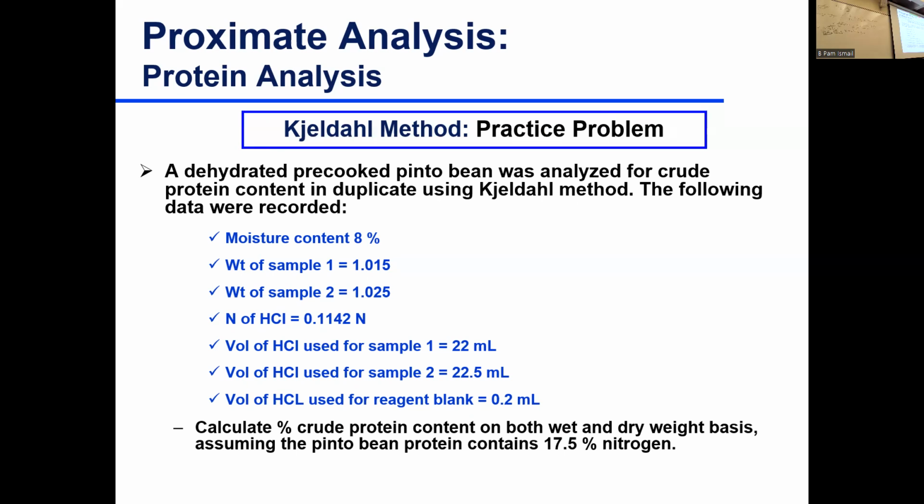Then your wet basis would be, so basically you're solving for X here, and you do cross multiplication. That's what you're looking for, times 92 grams divided by 100 grams. The 92 is 100 minus 8. Then you get the value on wet basis.